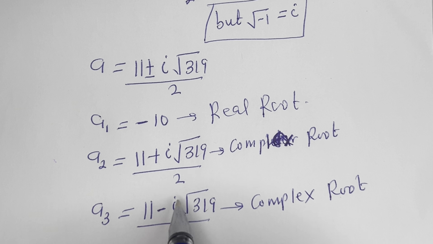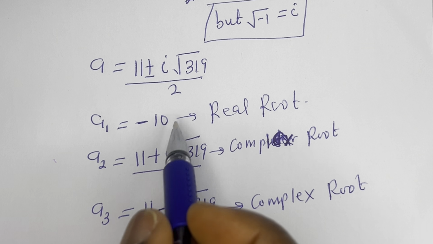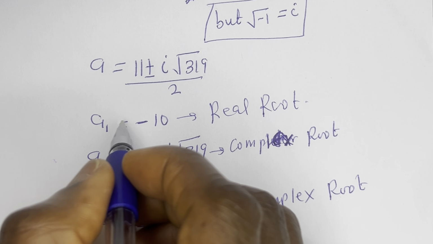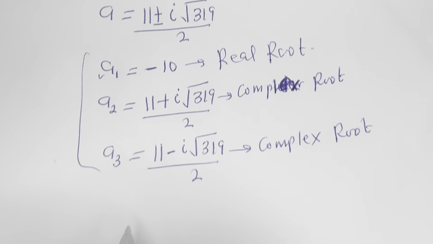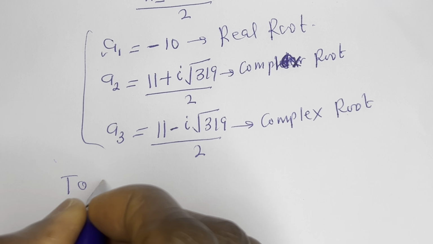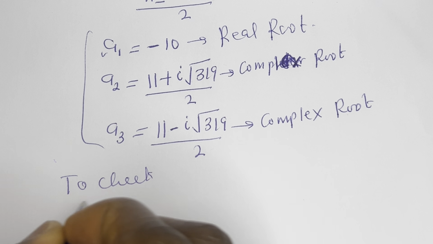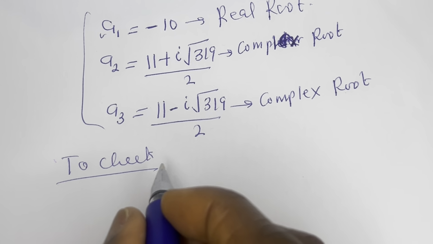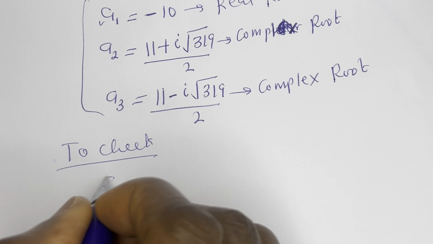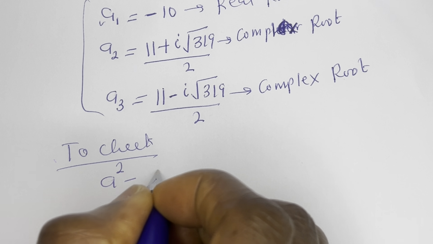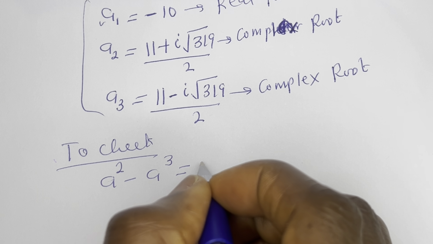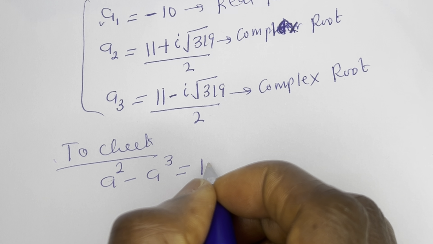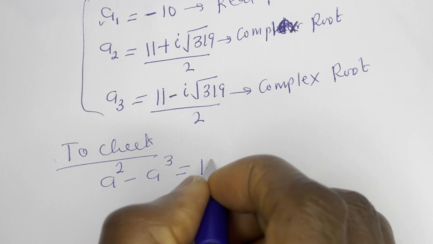We may check to confirm if this answer is right or wrong. In order to check, let's confirm our answer with the real root here. To check, we have the given equation a squared minus a to the power of 3 is equal to 1,100.